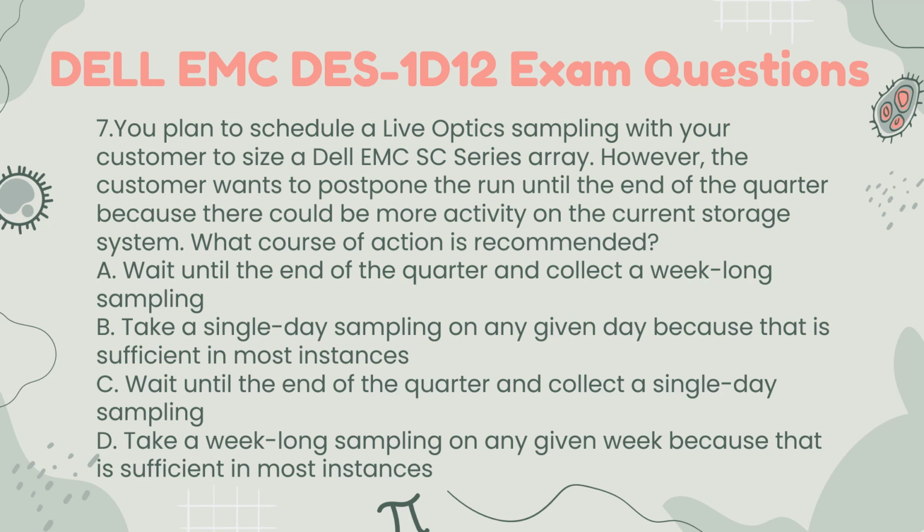A. Wait until the end of the quarter and collect a week-long sampling. B. Take a single-day sampling on any given day because that is sufficient in most instances. C. Wait until the end of the quarter and collect a single-day sampling. D. Take a week-long sampling on any given week because that is sufficient in most instances.